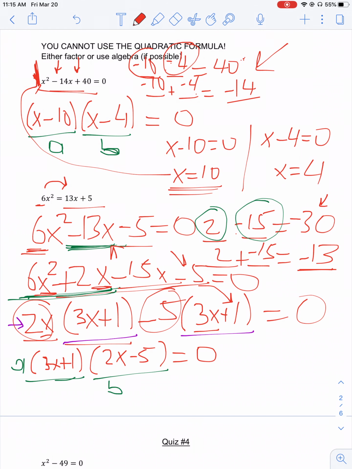So either 3x plus 1 is equal to 0. And when you solve for x, you're going to move the 1 and then divide by 3. So x has to equal negative 1 over 3. Or either 2x minus 5 is equal to 0. So that means if you solve for x, move the 5 over, divide by 2, x is just equal to 5 over 2, which is 2.5.